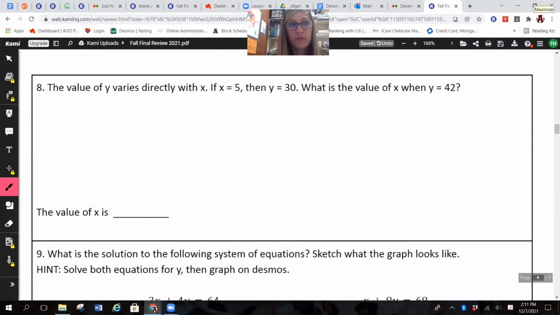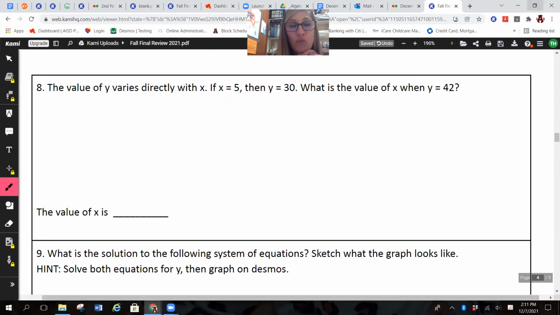Number 8, the value of y varies directly with x. If x is 5, then y is 30. What is the value of x when y equals 42? So y varies directly with x.